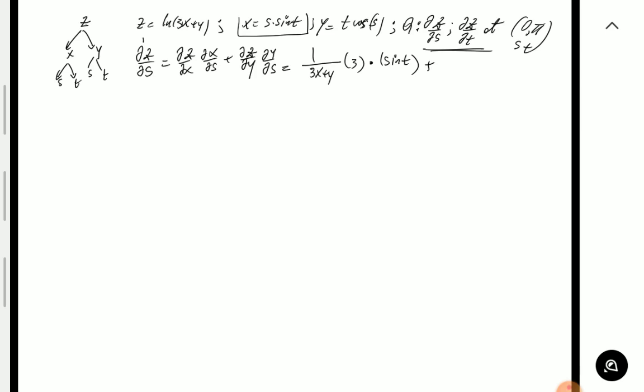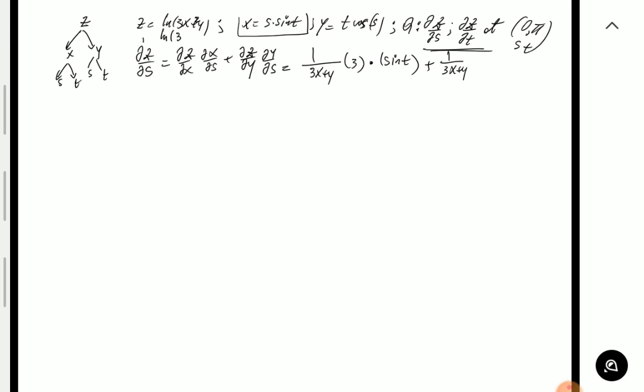Furthermore, we're going to add the other path, partial z, partial y. Once again, 1 over whatever is inside the natural log, 1 over 3x plus 2y, times partial y of the inside, which is 2. The function is 3x plus 2y, let me write it one more time.